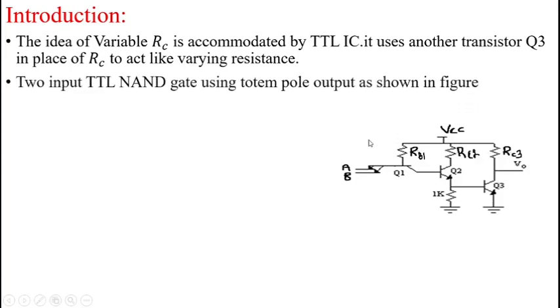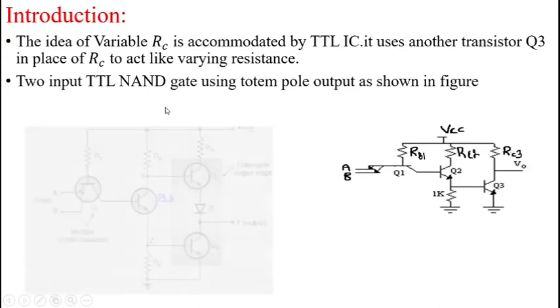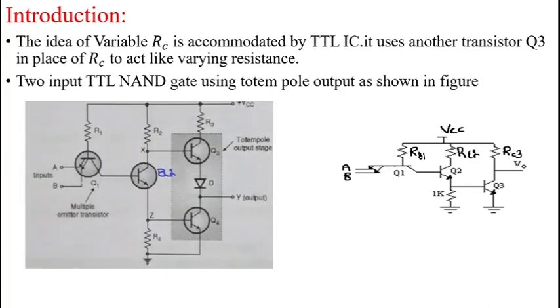Two input TTL NAND gate using totem pole output is shown in the figure. This is the circuit diagram of the two input TTL NAND gate using totem pole output. This circuit diagram consists of three stages. This is the input stage, this we consider the phase splitter stage, and this we consider the output stage.